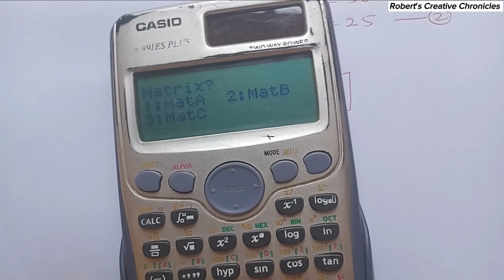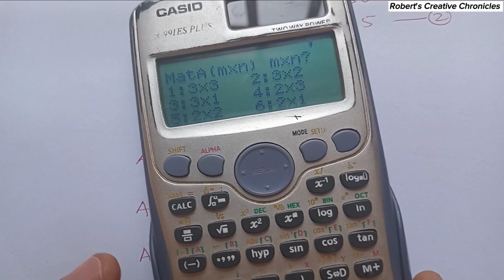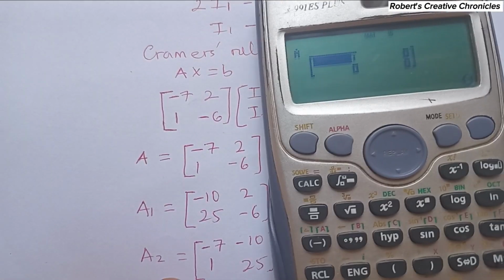Matrix mode. Mat1 will be this, mat2 will be this, and mat3 will be this. It's a 2 by 2 matrix, then it's -7.